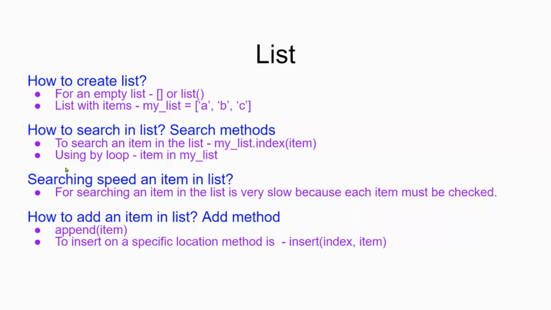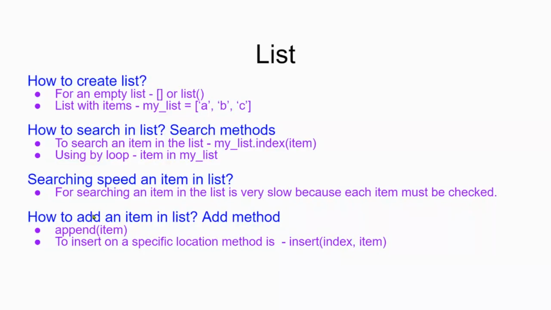And how to search in a list? These are the search methods. If you want to search for an item in the list, use the name of the list dot index, and the index is which item you want to find out, so put it in here. Or use a loop, which we will cover later, and you can see how we can do it: item in my list, where my list is the name of the list.